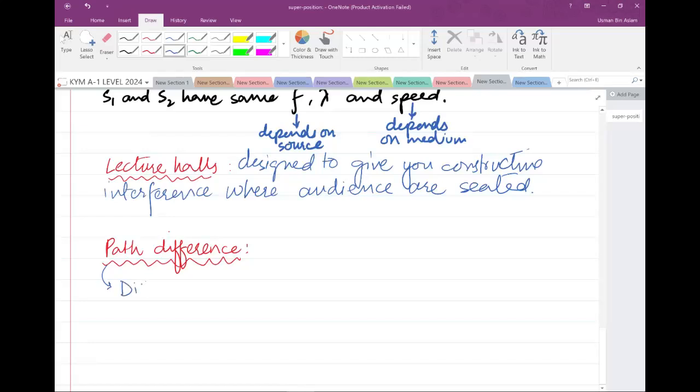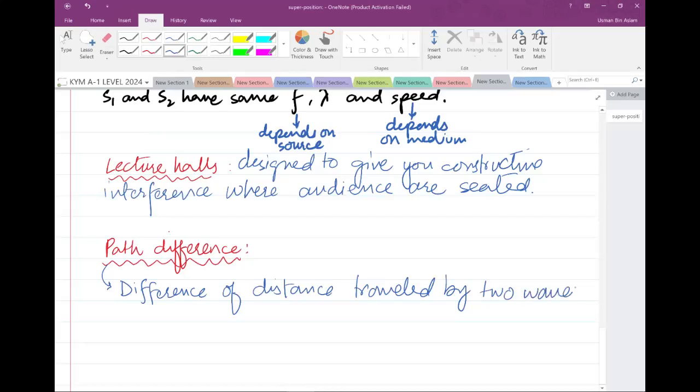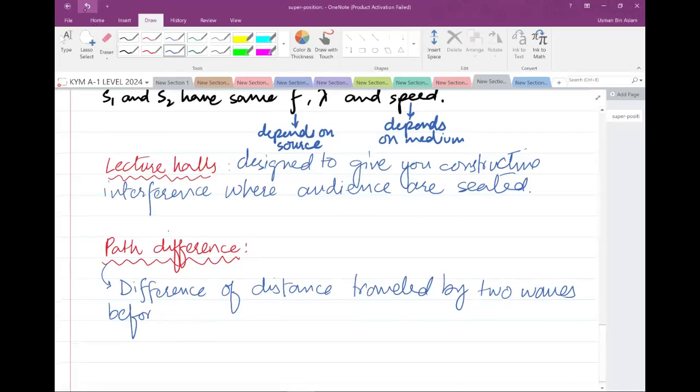It is the difference of distance traveled by two waves when they meet at a point.